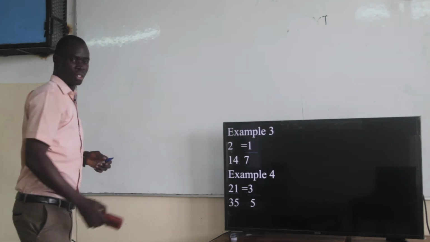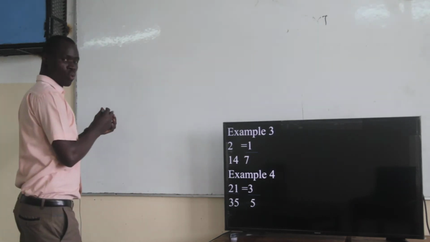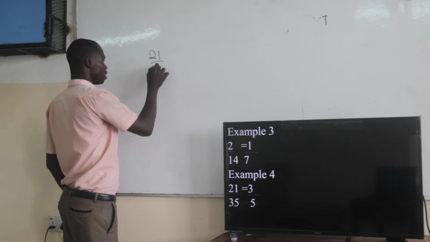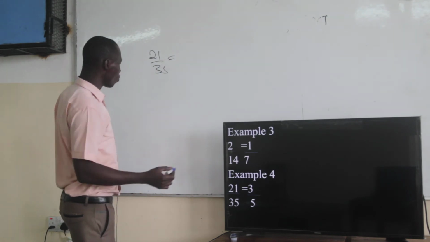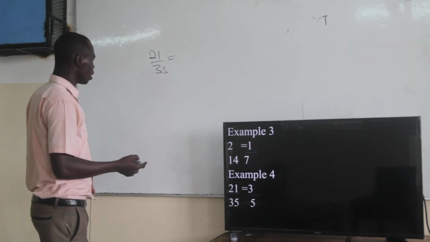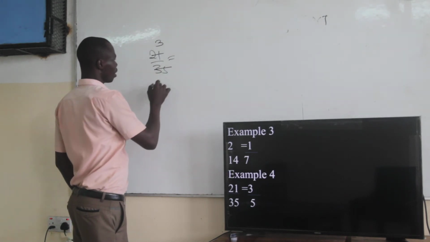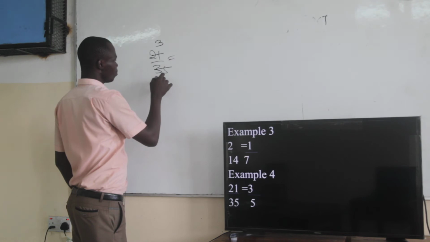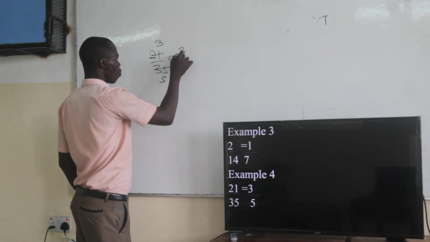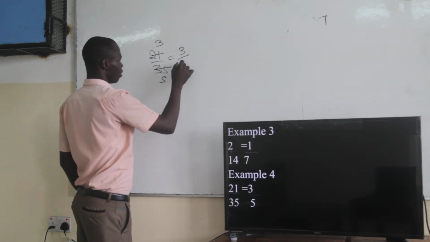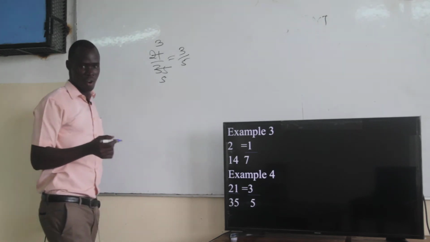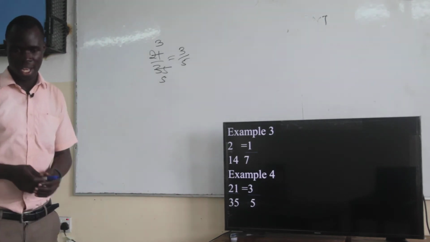Then you can have a number like 21 over 35. Now the common number that can go here is 7. 7 can go here 3 times. 7 can go here how many times? 5. So we are likely to have 3 over 5 as our answer.